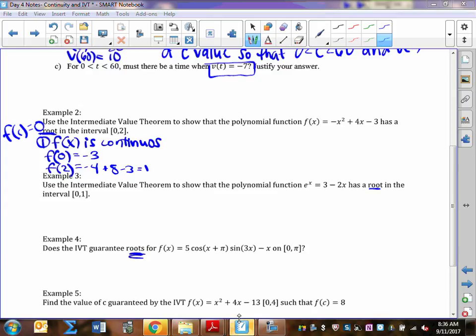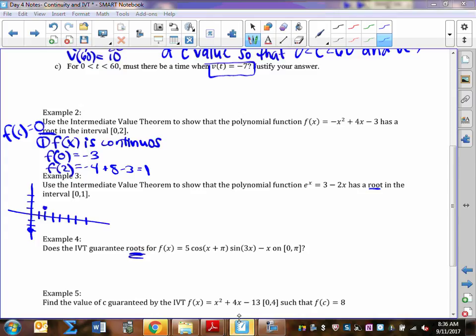Okay. Do we agree with positive? Okay. So for this one then, we could do a rough sketch. We don't really know exactly what the graph looks like, but if I were to investigate this visually to help us understand what's happening here, we've got f of 0 is negative 3, we've got f of 2 is 1. So if this is a continuous function, do you agree it has to cross the x-axis somewhere?